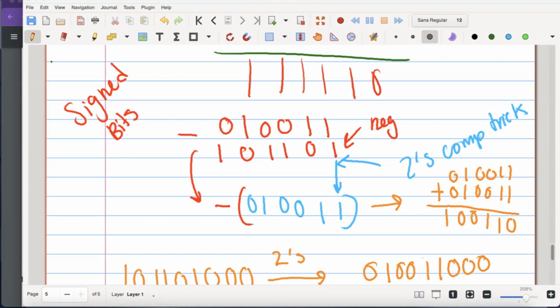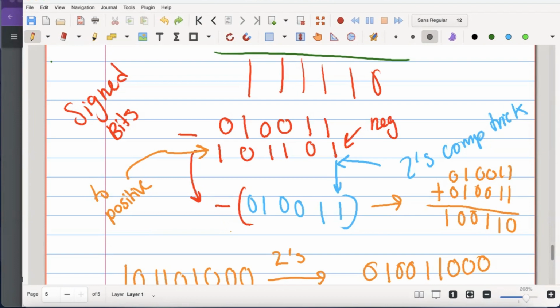Now look at what happened with our number. We took the 2's complement, which converted this negative number to a positive. Well, it didn't really convert the negative number to a positive. We just wrote it as a positive because it's still negative, but we made it so we can do addition and subtraction to it.